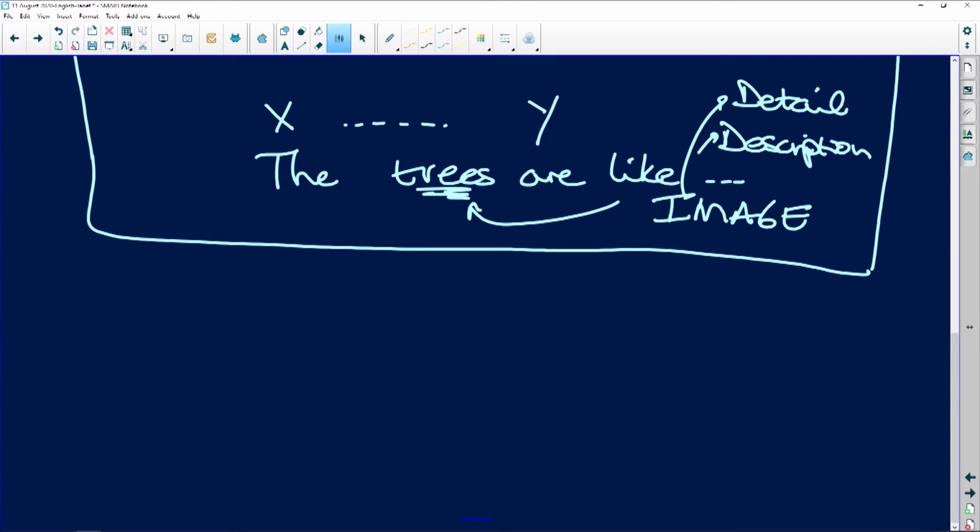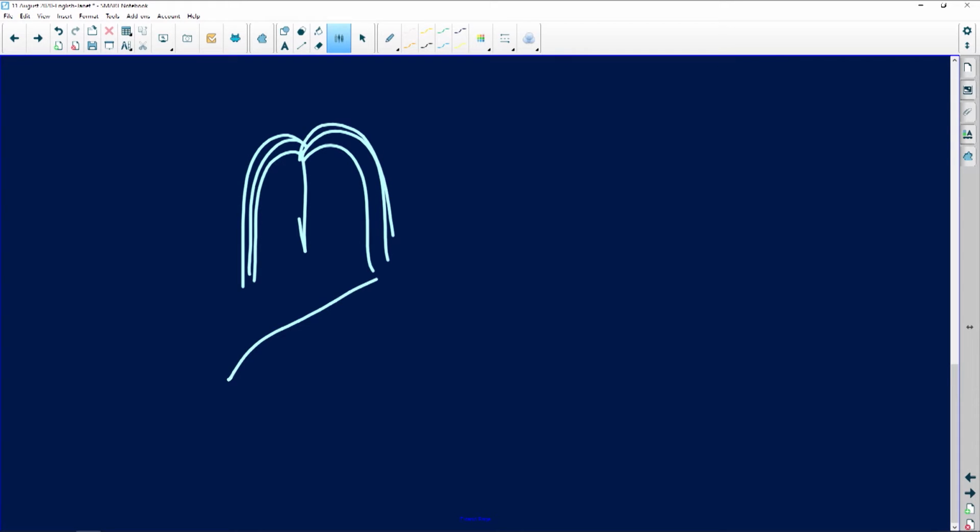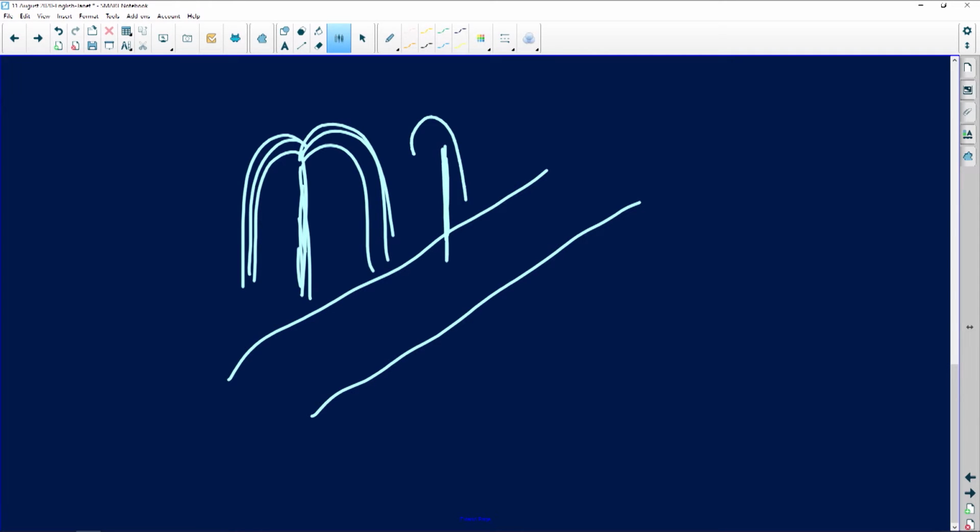So here I'm thinking about a poem by Robert Frost. He describes willow trees. And willow trees look like that, and they usually grow alongside water, or they've got roots that will get down to the water table. So in a very famous image, Frost says that the willow trees look like girls who have thrown their hair forward.